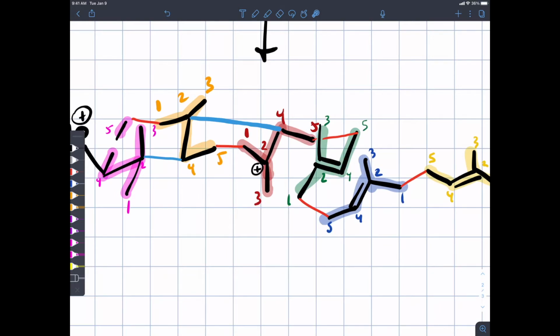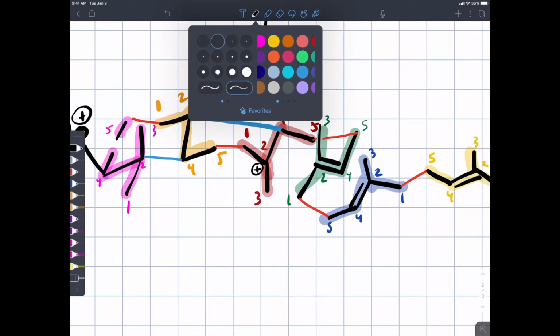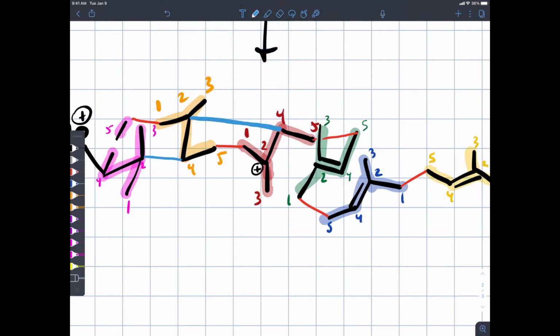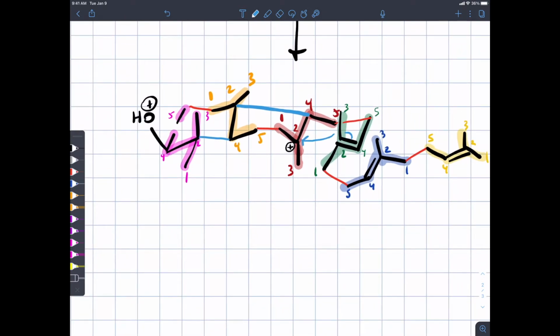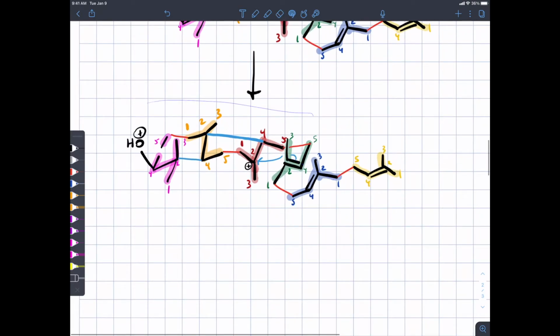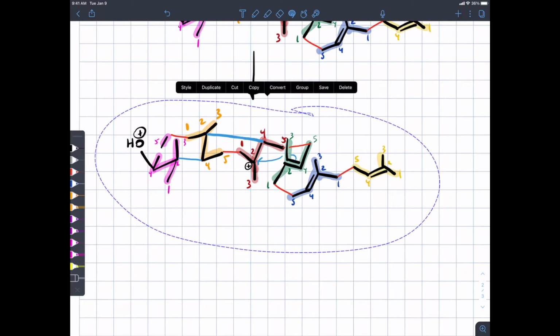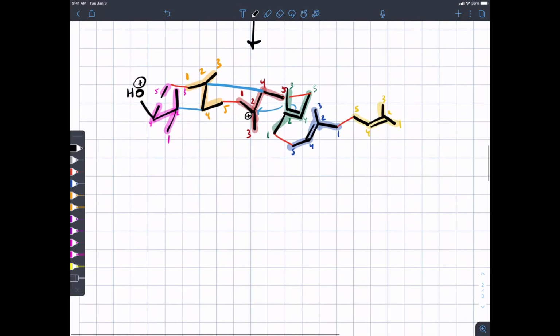So what we're going to do is basically an anti-Markovnikov addition, and why this happens has to be because of the offset instability between a 5 versus 6-membered ring and between a secondary versus tertiary carbocation. And then our cop-out answer will be the enzyme directs it to be this way because, for whatever reason, nature prefers to have a 6-membered ring at that position.